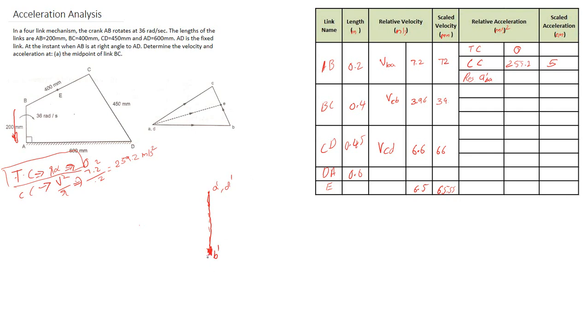Next you have to draw the centripetal component of the link BC from the point B dash. So I am going to draw the link BC. For that, I have to calculate the centripetal component, which is V square by R. What is the value of V? It is 3.96 square divided by 0.4, which will be equal to 39.204.